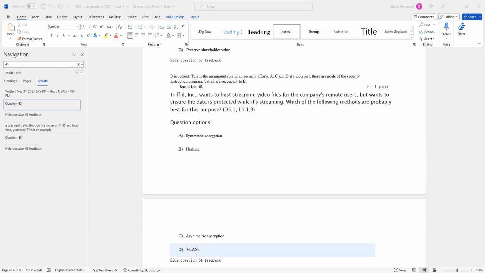Responses? So question again, Trifid wants to host streaming video files for the company's remote users, but wants to ensure that the data is protected whilst it's streaming. Which of the following methods are probably best for this purpose? Symmetric encryption, hashing, asymmetric encryption, or VLANs, virtual LANs?